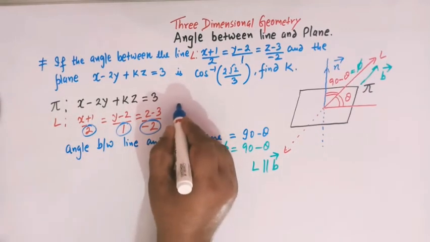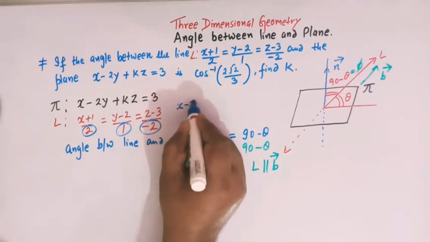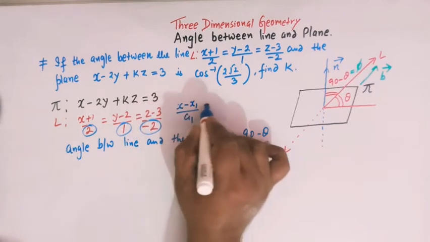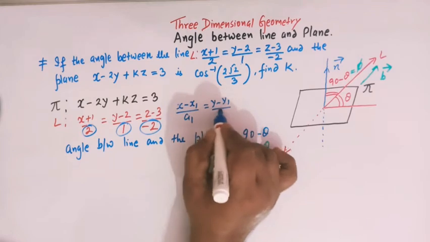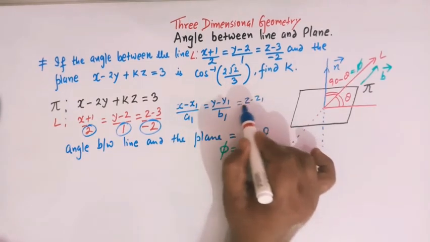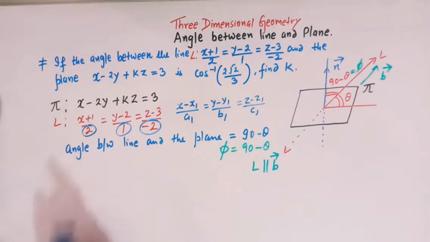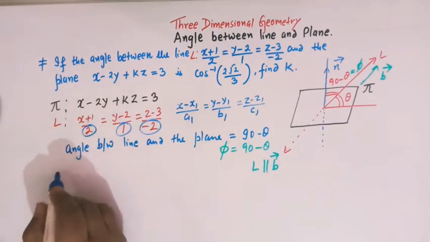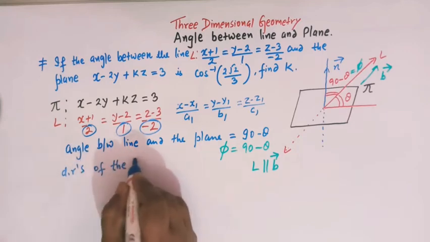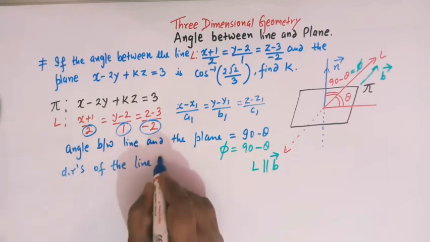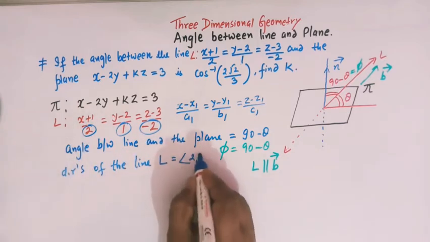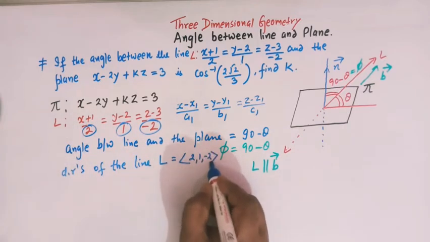So by standard form we mean (x - x1)/a1 = (y - y1)/b1 = (z - z1)/c1, right? So now the direction ratios of the line L are given by the numbers 2, 1 and -2, right?